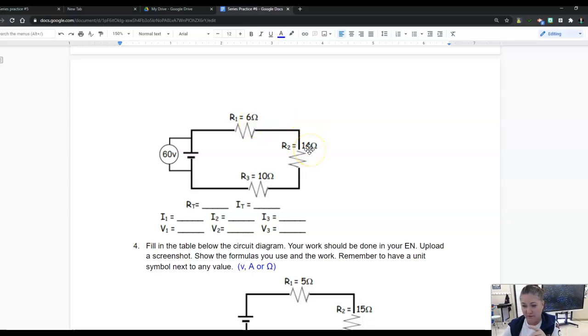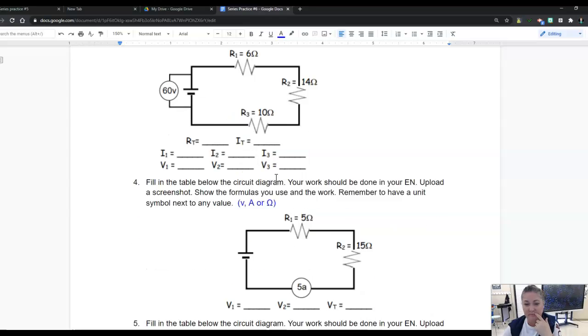For this one, V is equal to 2 amps times 14. And for the last one, V is equal to 2 amps times 10. So your answer would be in volts, and you'll get 12 volts, 28 volts, 20 volts. Done deal. Make sure you're writing down your formulas.